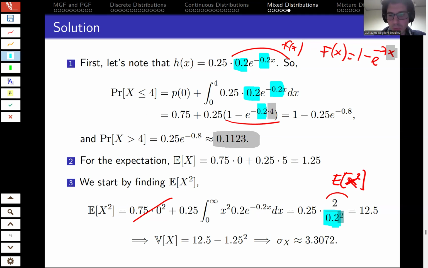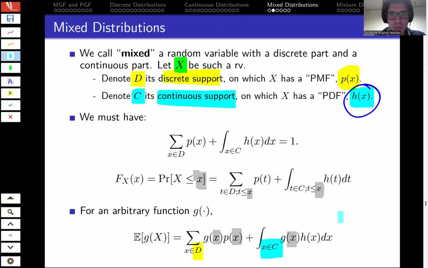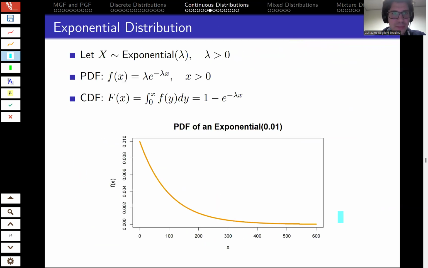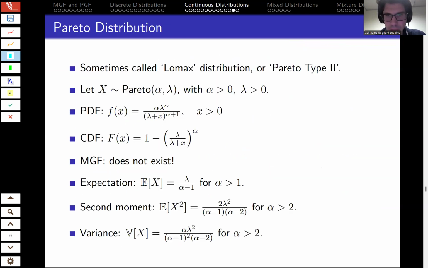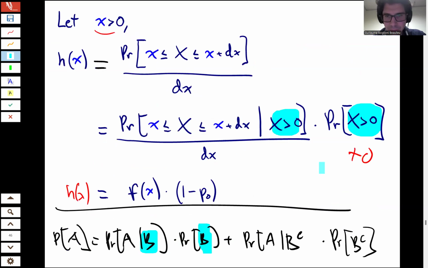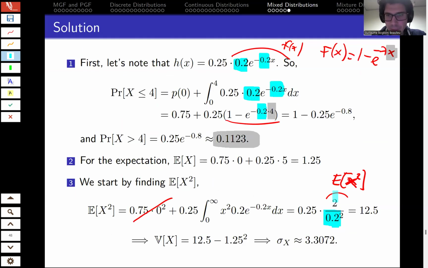Let's go back to the section about continuous distributions. This formula is given as is. Here, the expected value of an exponential squared is 2 divided by lambda squared. This is exactly what is in the solution. So back over there, this is the 2 divided by lambda squared.